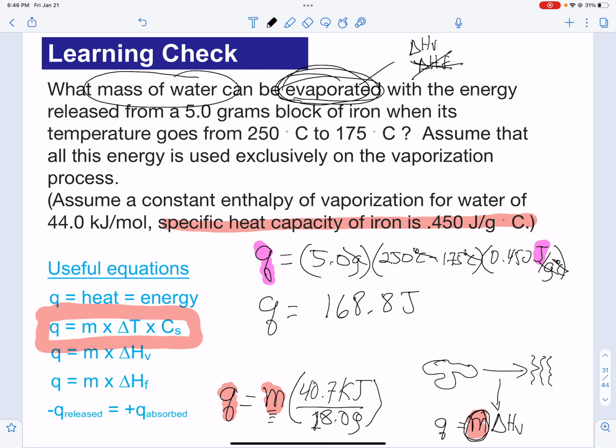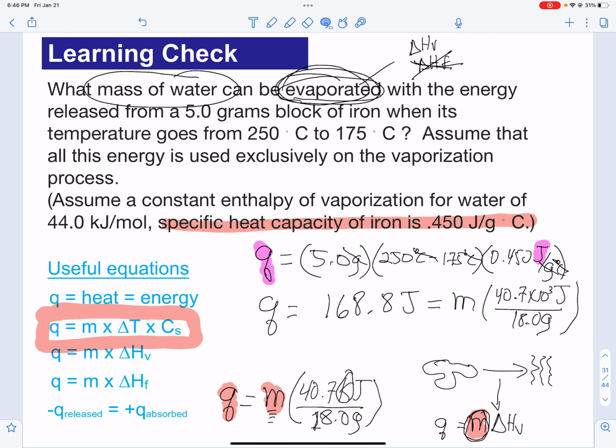That same amount of energy is what is being absorbed by the water to be vaporized, which is going to be the mass times 40.7 times 10 to the third, that's the kilo, joules, divided by 18.0 grams.